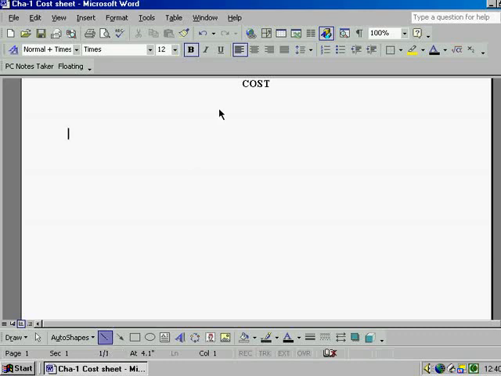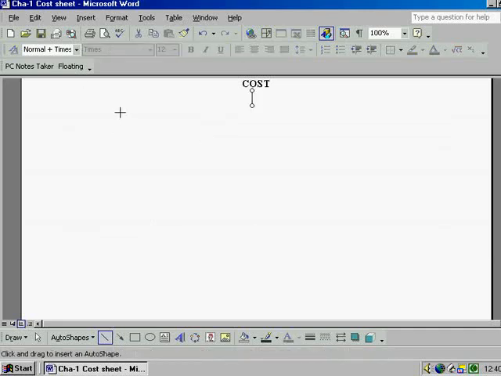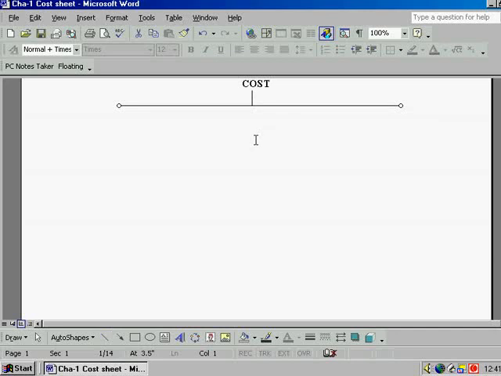All costs are divided into two parts: the direct cost and the indirect cost.